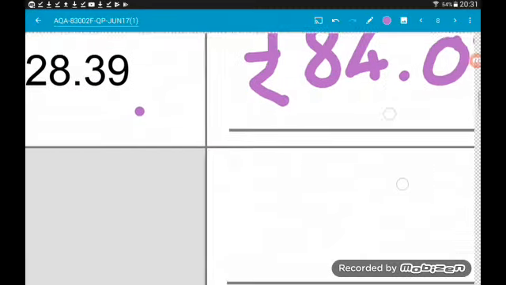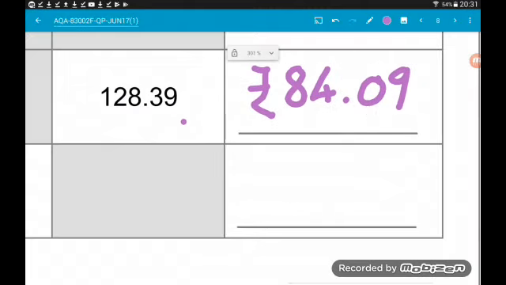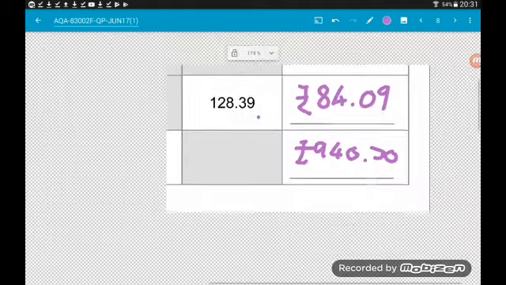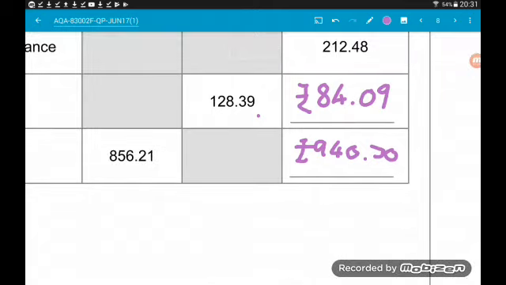So we want to do £84 and 9p, add our salary, and we've then got £940 and 30p. So don't waste time at all doing that without your calculator. Sling it straight in, subtraction, and then in addition. Jobs are good.